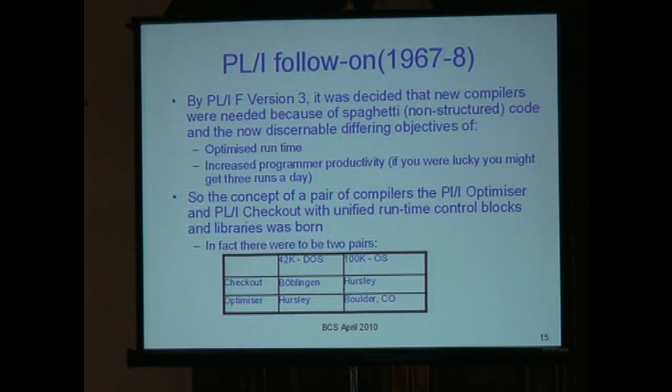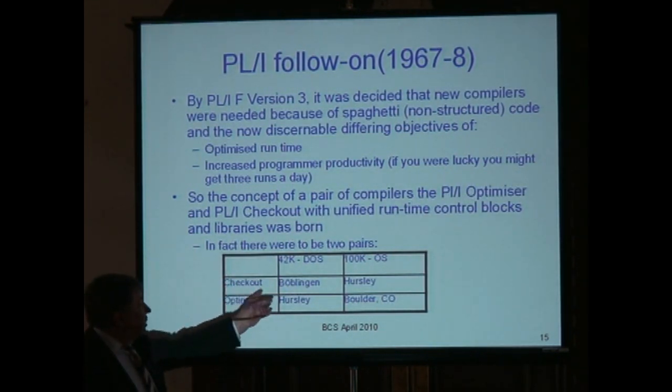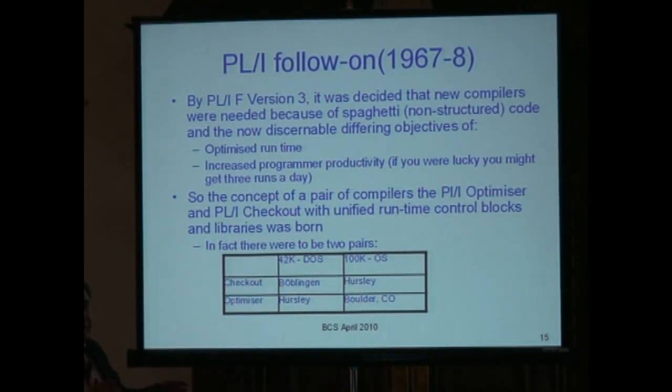So this was when the idea came up of pairs of compilers. All right, so the checkout did checking and tried to do that sort of stuff very quickly. In fact, I think the objective was to do it at a third of the time of the PL1 compiler. So you compile 3 times faster.